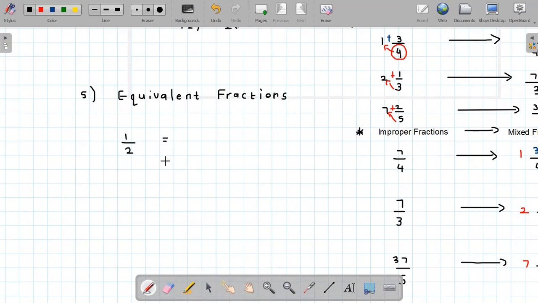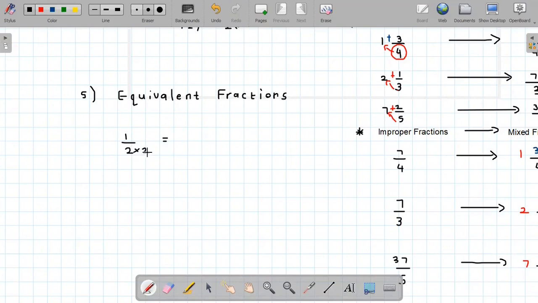Here you can see that the numerator is 1, the denominator is 2. So if you want to find an equivalent fraction, you can multiply or divide these two numbers by the same number. As an example, I will write an equivalent fraction for this given fraction like this.